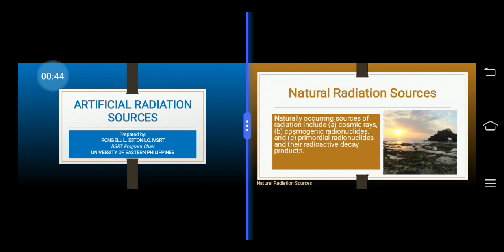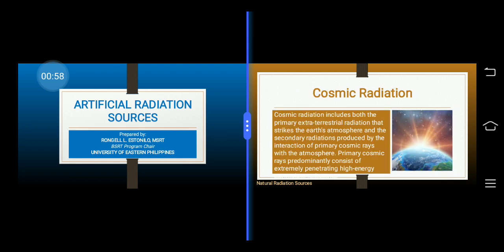We described the three different sources of natural radiation. First, we have the cosmic rays. We also mentioned the cosmogenic radiation and the primordial radiation. Under cosmic radiation, we stated clearly that it includes both primary extraterrestrial radiation that strikes the Earth's atmosphere and secondary radiations produced by the interaction of primary cosmic rays with the atmosphere.